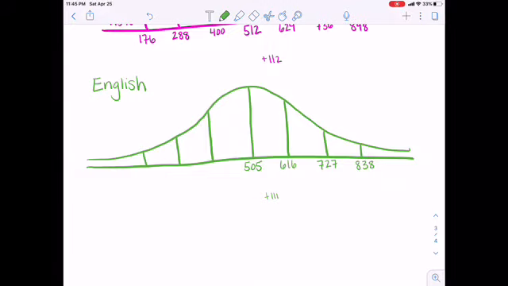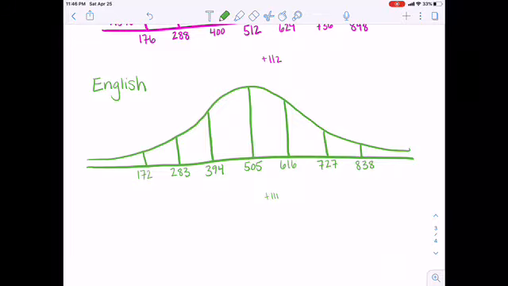Going down, I'm going to do the same thing. So I'm going to take my 505 this time and subtract 111, which will give me 394. We subtract it again, and I get 283. Subtract 111 one more time, and we get 172.